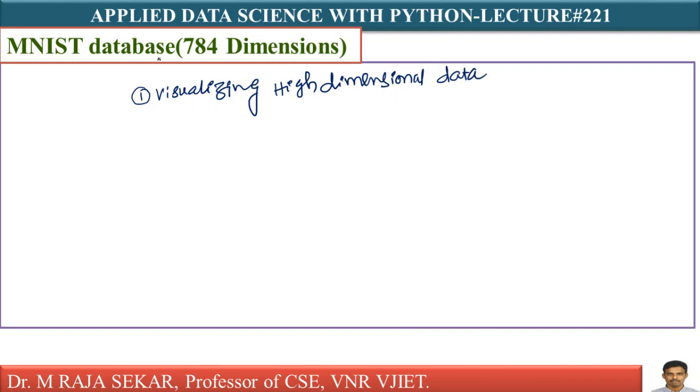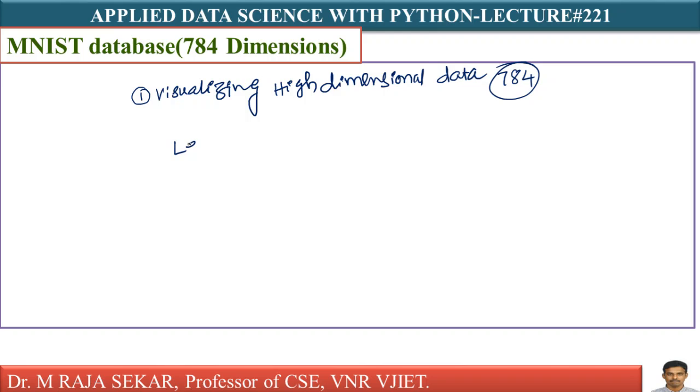What is the dimension of this particular data set? The MNIST data set has 784 dimensions. 784 dimensions means it's a high dimensional data set. We will try to understand how one can visualize this high dimensional data set or database.